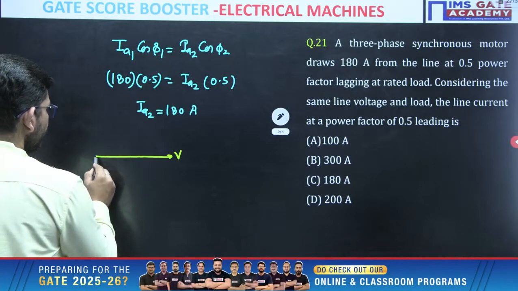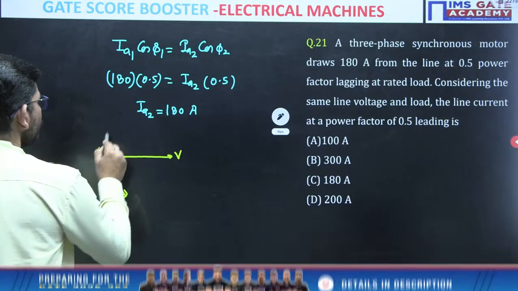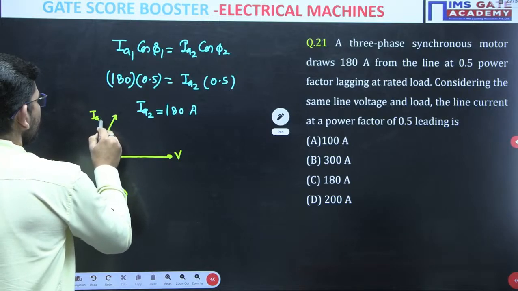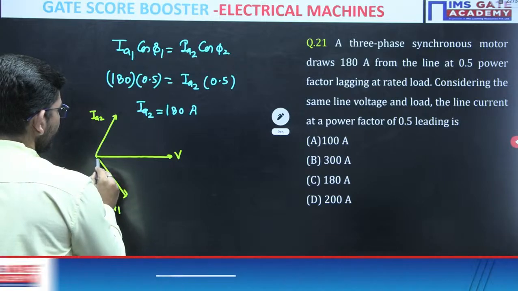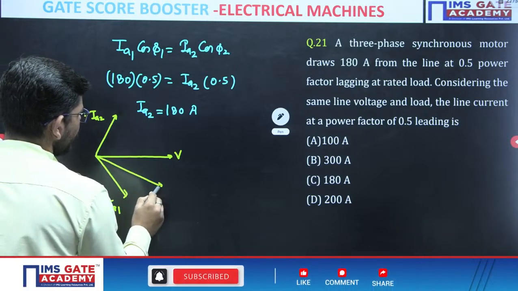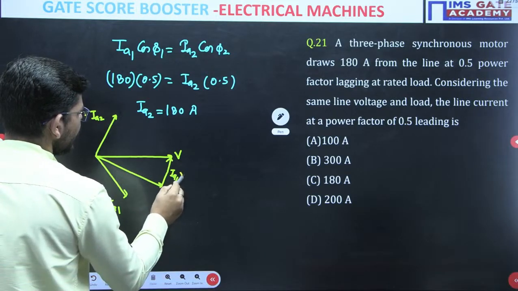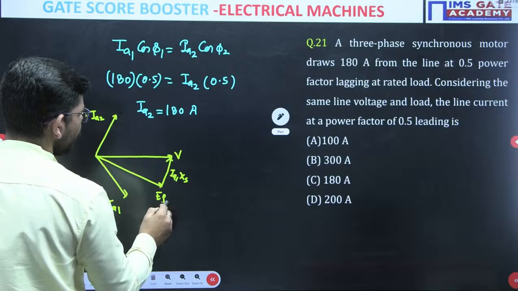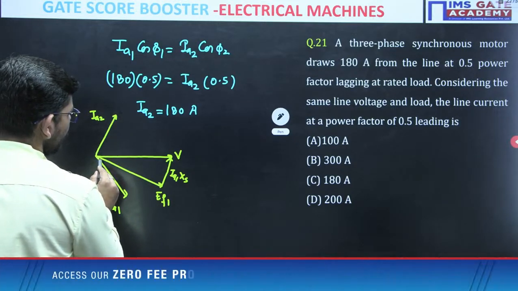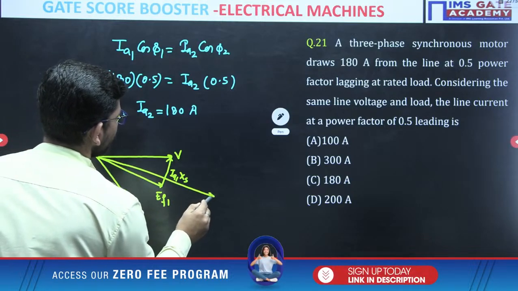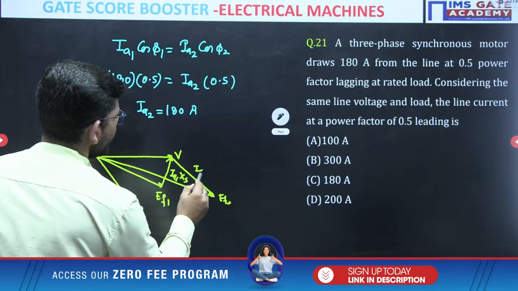Suppose this is V, this is the lagging current, and this is the leading current. Then what will happen? We will have the EF, IA1 axis, and this will be our EF1. Then we can have EF2, and this will be our IA2 axis.